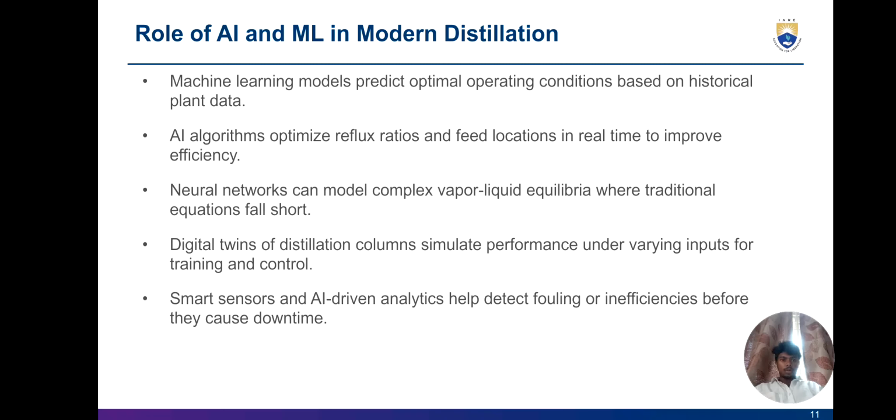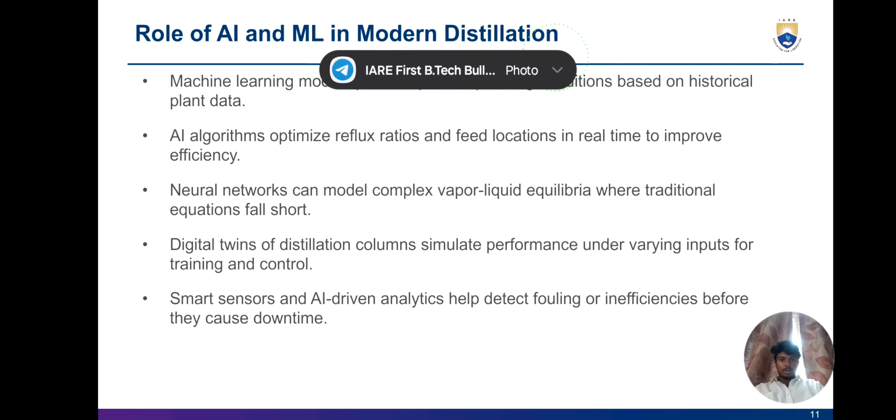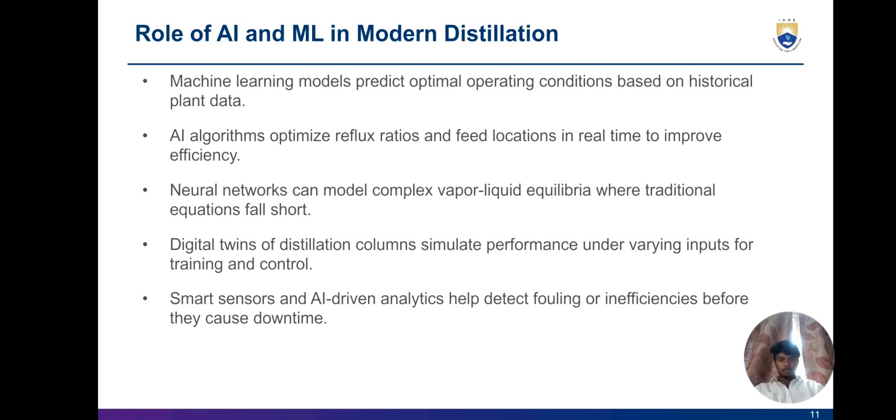Neural networks can model complex vapor-liquid equilibria where traditional equations fall short. Digital twins of distillation columns simulate performance under varying inputs for training and control. Smart sensors and AI-driven analytics help detect faults or inefficiencies before they cause downtime.